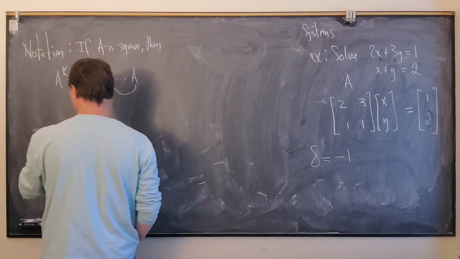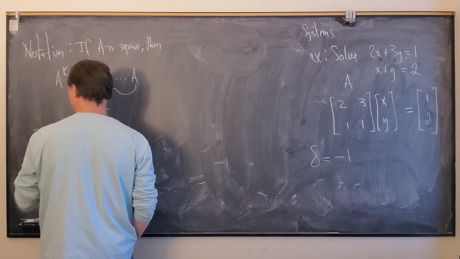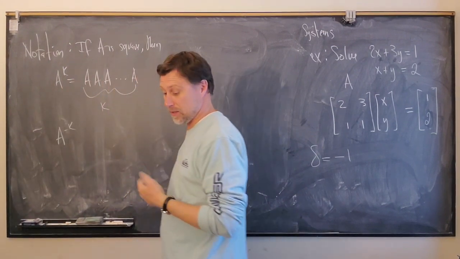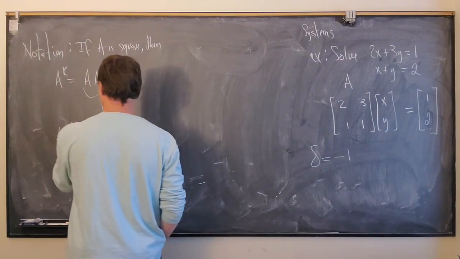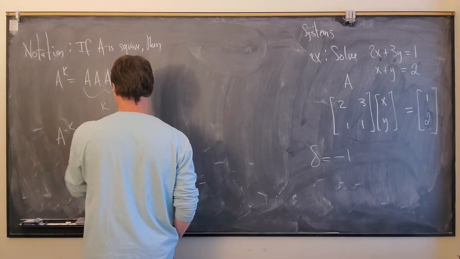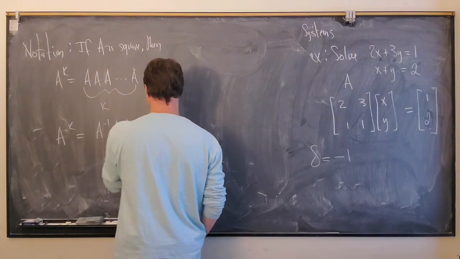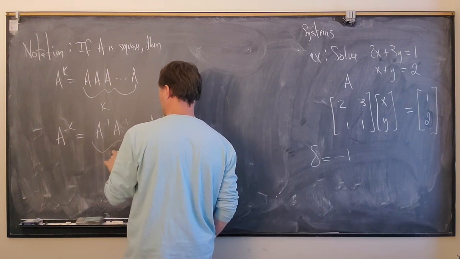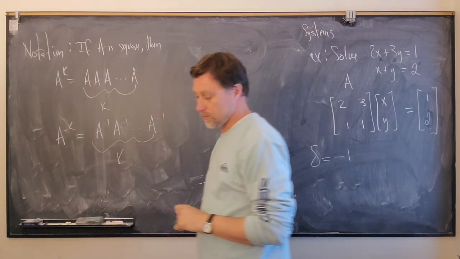Also, we can define A to the minus K in the case that it's invertible. This is A to the minus 1 times A to the minus 1, so if you have K factors of the inverse.